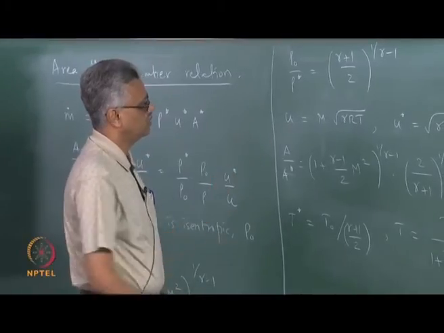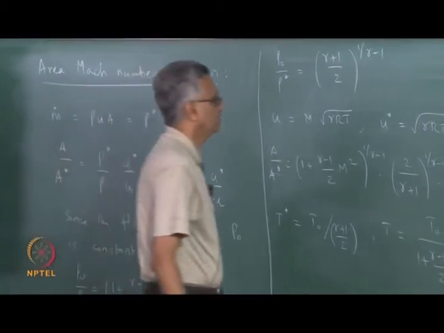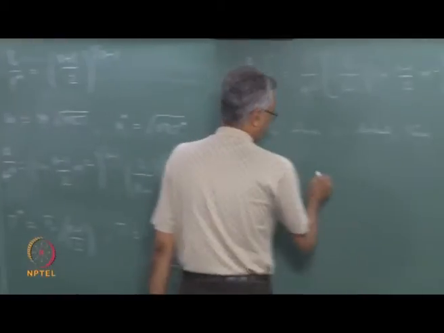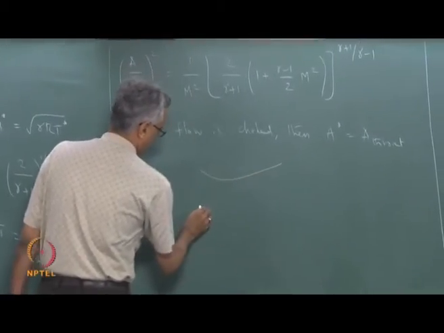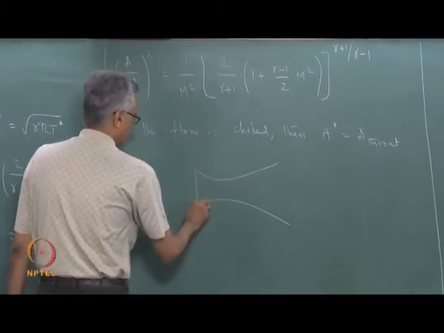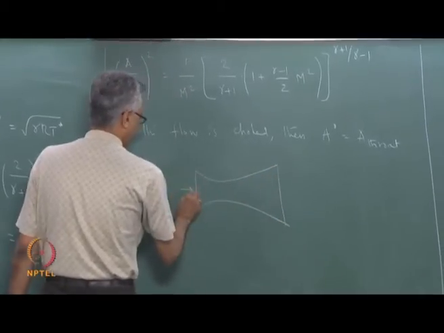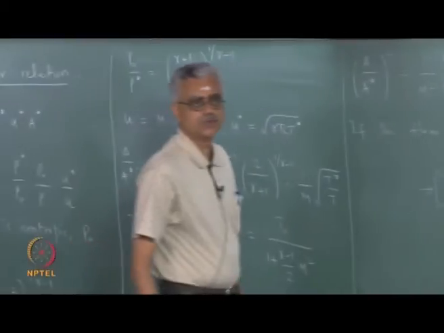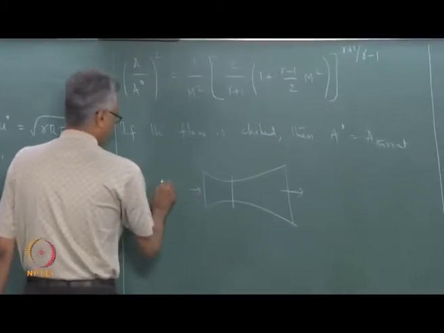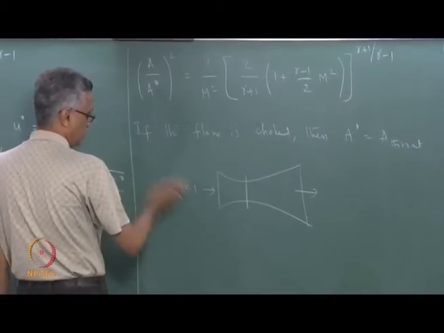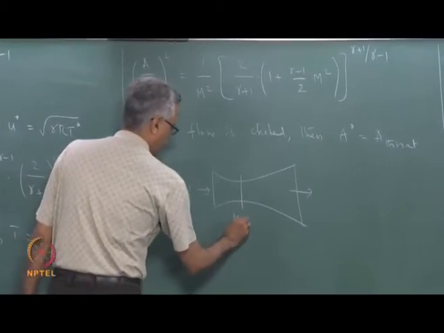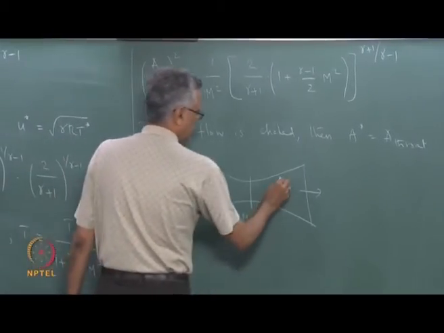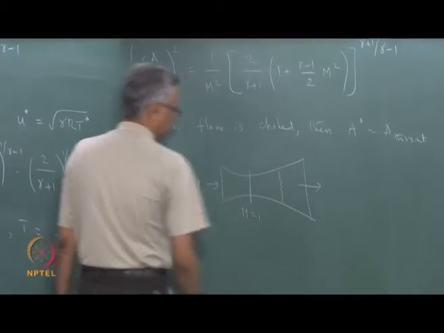This kind of situation may arise later on when we look at, for example, flow through a convergent divergent nozzle. We will look at examples involving this. So, let us say that we have flow through a convergent divergent nozzle. This is the throat. It is quite possible that we have a situation like this: subsonic Mach number at entry, M becomes equal to 1 at the throat, and there is a normal shock that stands somewhere here.